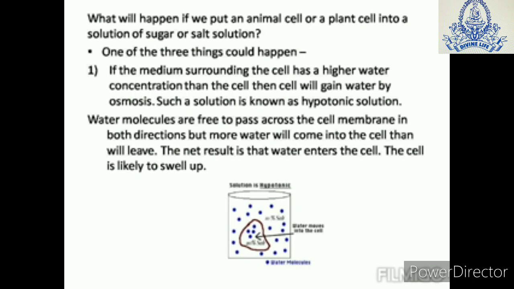So naturally what will happen? Water molecules from the medium will enter into the cell. Remember this, that the water molecules are moving in both directions, but more water is entering into the cell than it is leaving. Hence, the cell is likely to swell up. Now, such a kind of solution is known as what? Hypotonic solution.